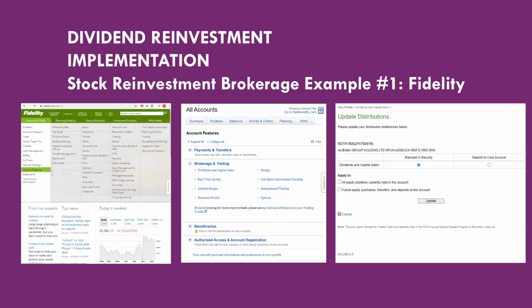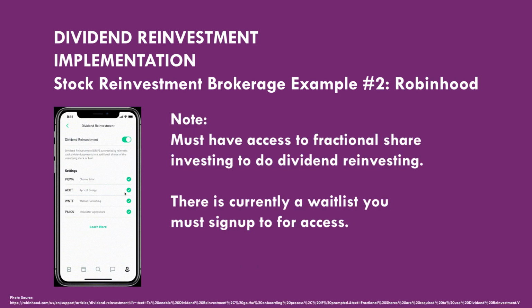Well, how do you implement this? The first way is by taking a look at your brokerage websites. For example, my Fidelity account has an option under the My Account features to enable dividend reinvesting. From there, you want to click Yes or click the On button to make sure that your funds are set to reinvest the dividends made. And the second one is through Robinhood.